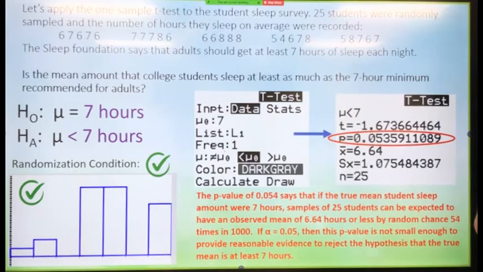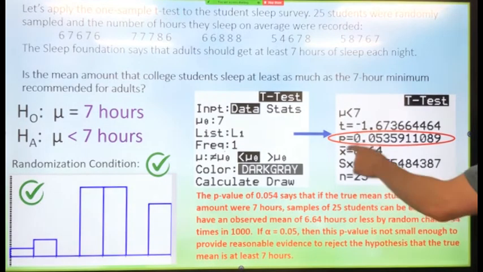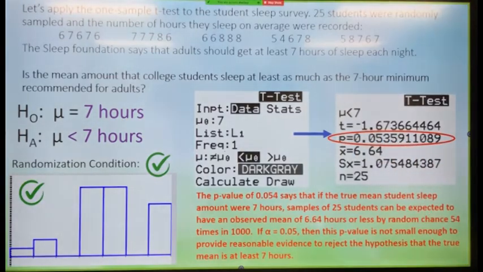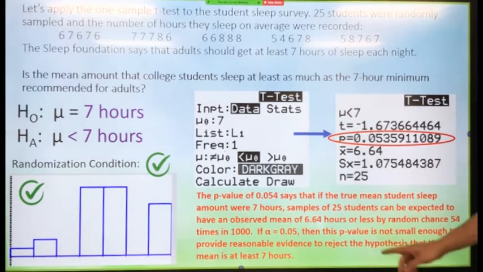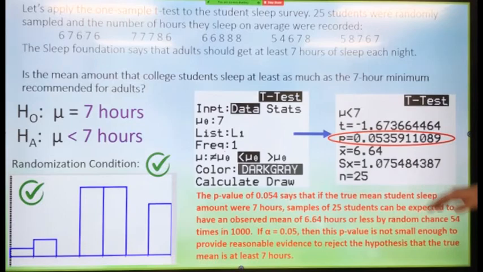Now, since our alpha level normally is 0.05, this p-value is not small enough, even though it's really close. It's still not there to provide reasonable evidence to reject the null hypothesis. So I cannot reject the null, but it's close.